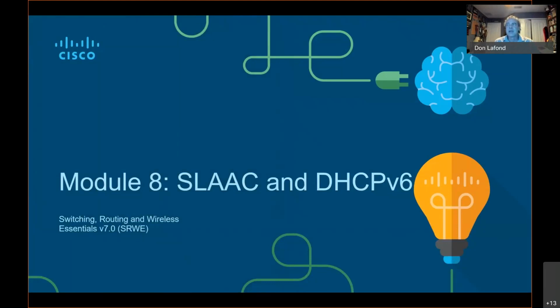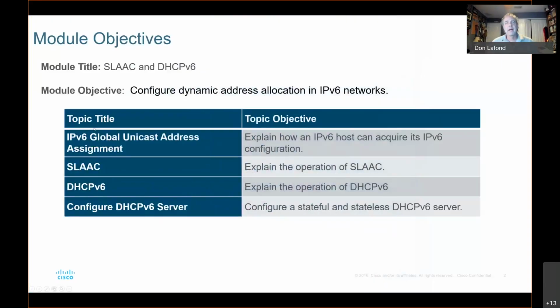All right, so we're learning Module 8, DHCPv6 and SLAAC, and let's get started. So first we'll talk about how we're going to configure dynamic address allocation in the IPv6 network. We'll talk about global unicast address assignment, and we'll explain how IPv6 hosts can acquire their IPv6 configuration.